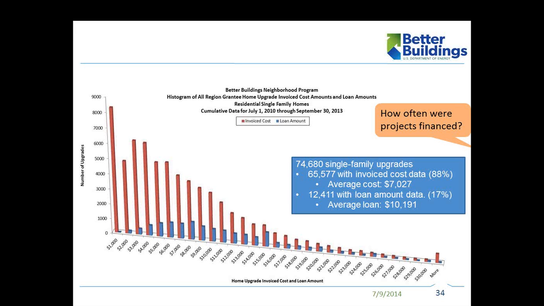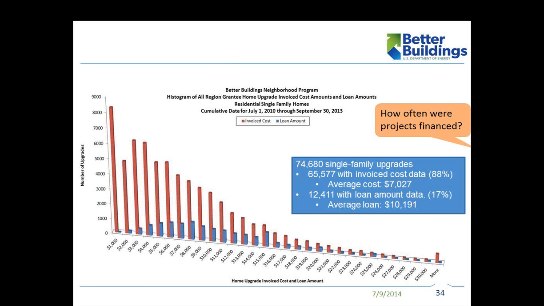So one question people ask a lot is how often were projects financed, with a loan, versus with a homeowner paying. And so based on the information that we have and the loans that were reported, and of course there could be loans that a homeowner used, financing that they used that was not part of the program, was not reported, but based on what we have, it's about 15 to 17% or so of the projects were financed.